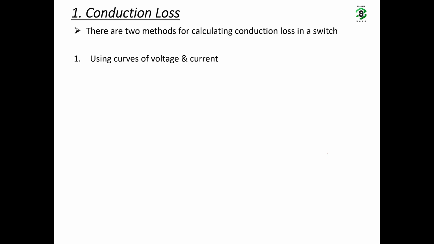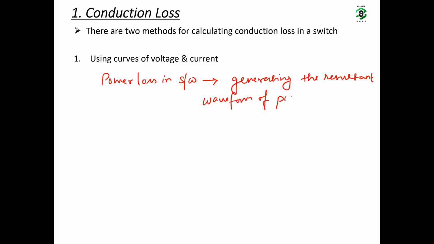Then we can calculate the power loss in the switch by generating the resultant waveform of power by multiplying the voltage and current that is given to us. We will see the problem, then we will understand it clearly.